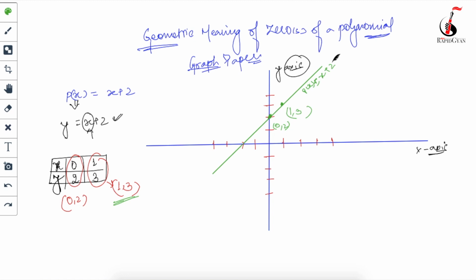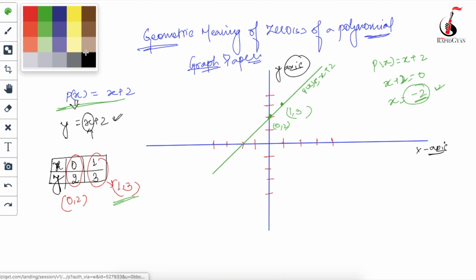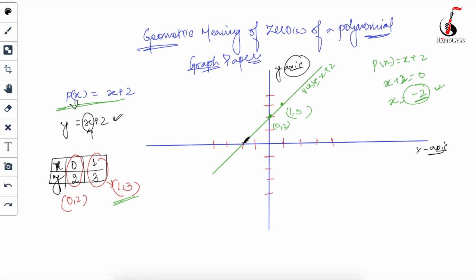Okay, I will tell you. Let's find the zeros of this polynomial p(x) equal to x plus 2. So x plus 2 equal to 0, so x equal to minus 2. Now tell me, where is your minus 2 in this graph? This point is your minus 2.